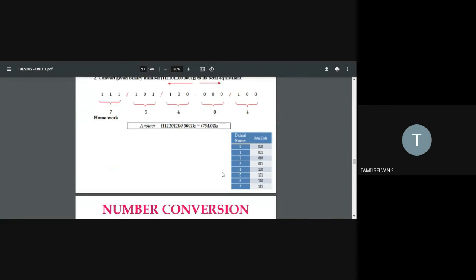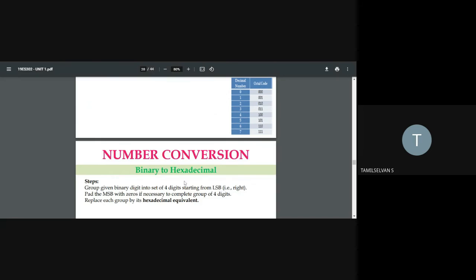So consider this table for all the examples. Then only you can easily identify the decimal number for the octal code, for the 3-digit octal binary code, right?